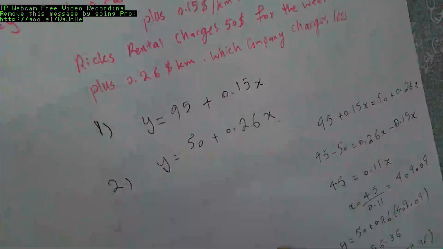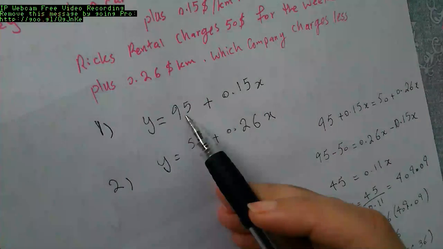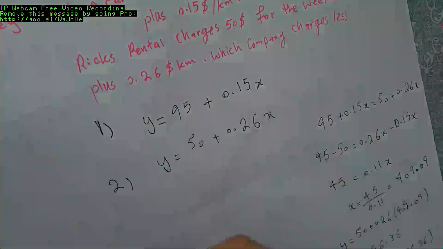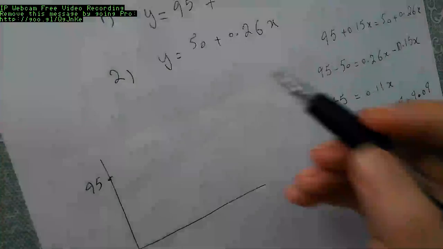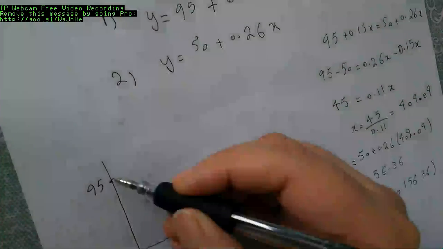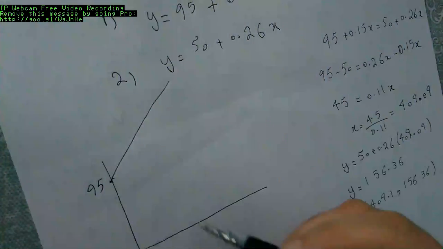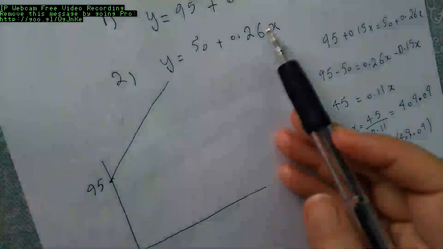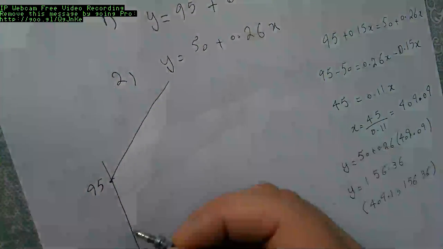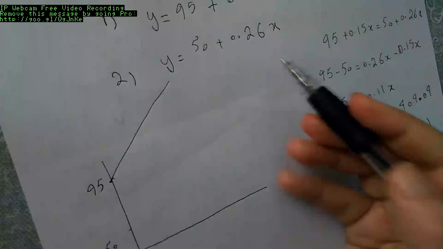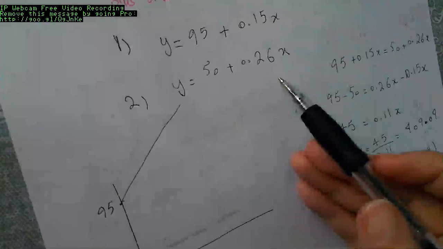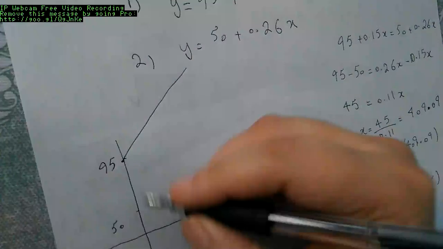Anyway, I want to approximately graph this. For the first one, the y-intercept is 95, because if I put x as zero, it's 95, and it's increasing. For the second one, the y-intercept is 50, but the rate of change is much bigger, so it grows faster and the slope is bigger.